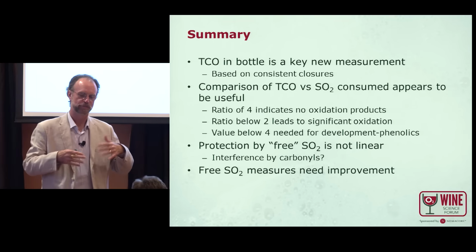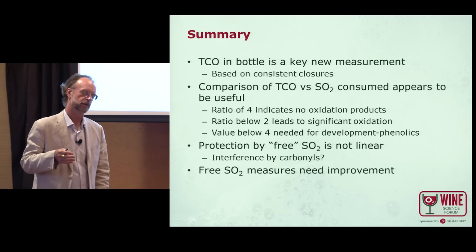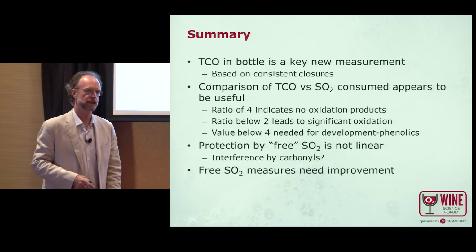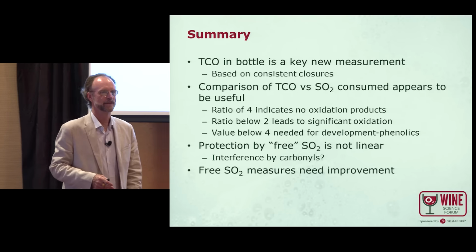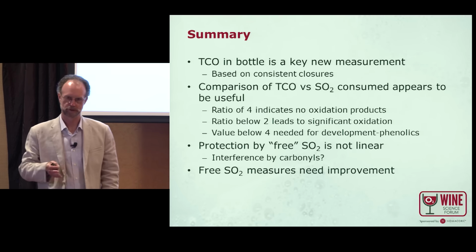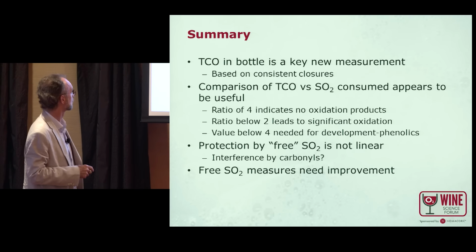We saw ratios around 4, and in some cases, with wines that were under nitrogen, we actually saw ratios higher than 4, which we can't explain yet. But clearly the SO2 must be breaking down in some other manner, which we can't really explain, as I said.